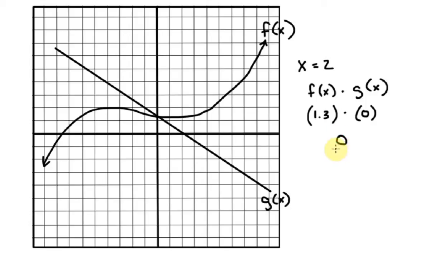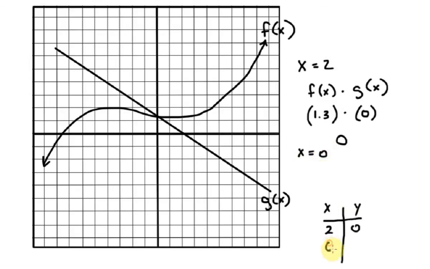Now if I actually wanted to graph this, and I was putting all of these points into a table of values, I could put in there, when x was 2, we came up with 0. Now, I could keep going like this. Let's try an easier one. Let's try when x is 0.